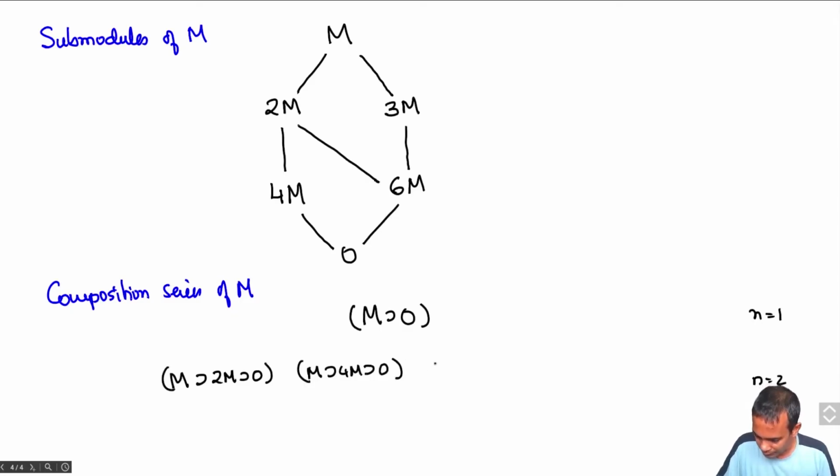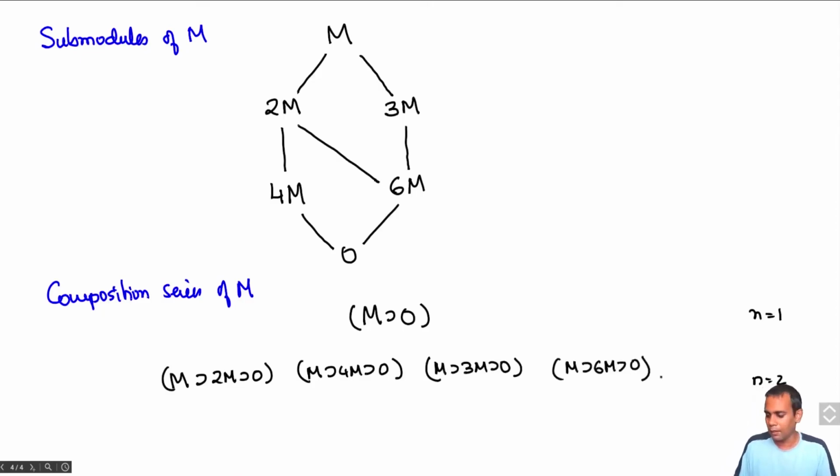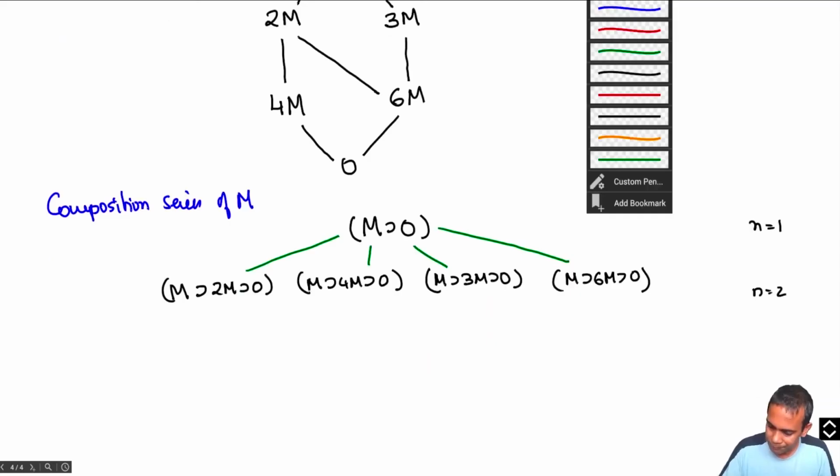You can take M contains 3M contains 0. And you can take M contains 6M contains 0. So these are the composition series with 3 terms, or n equals 2. And I'll just draw a line to indicate that each of these refines the composition series M contains 0. And now we have the next stage where n is equal to 3.